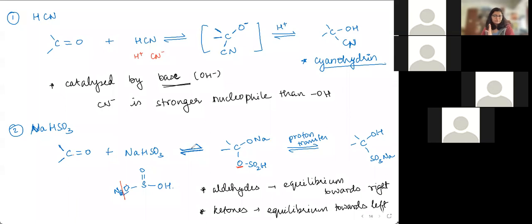So ketones don't favor this reaction. Equilibrium goes on this side, and that is because of steric hindrance. This whole thing is pretty bulky, and you have alkyl groups on both sides. So you have proper steric hindrance in the case of ketones. So the equilibrium goes to the left.